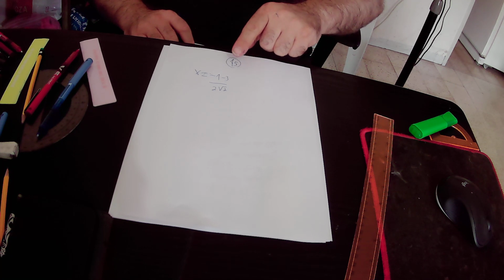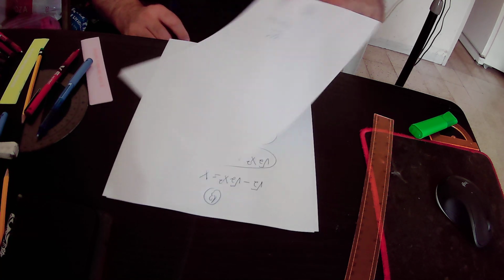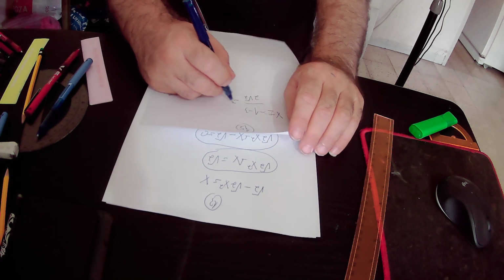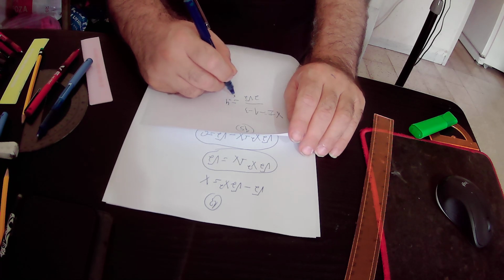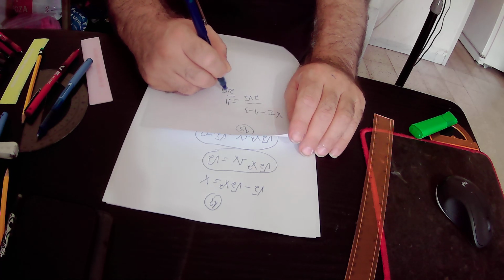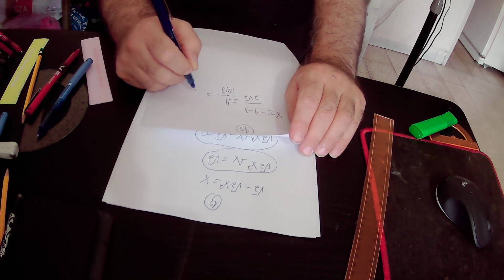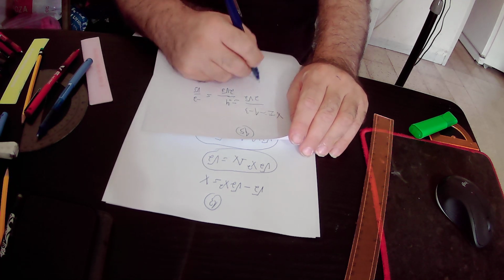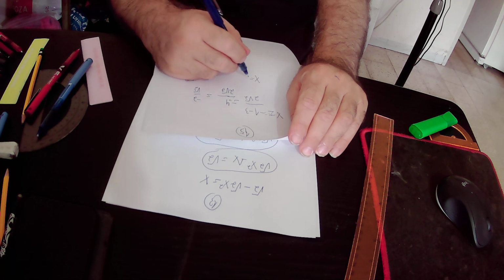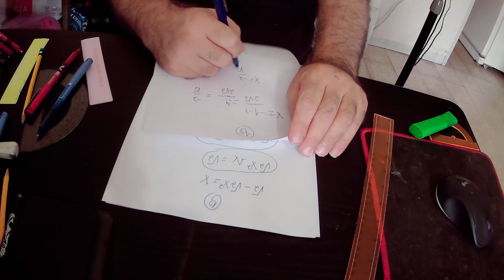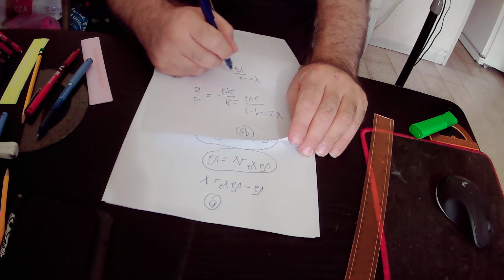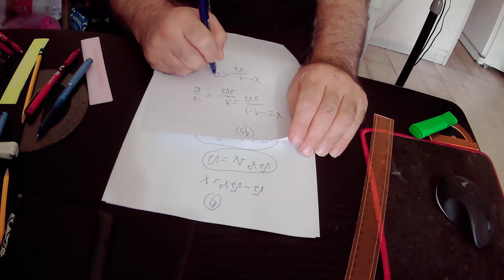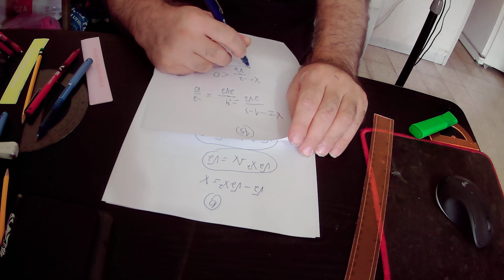Minus 1 minus 3 is minus 4, so minus 4 over 2 times root 2. And minus 4 over 2 is minus 2 over root 2. So in total we got that x equals minus 2 over root 2. That is to say, x is negative, x is less than 0.